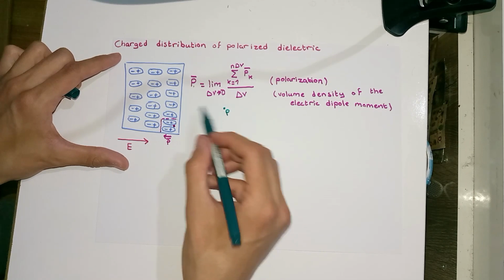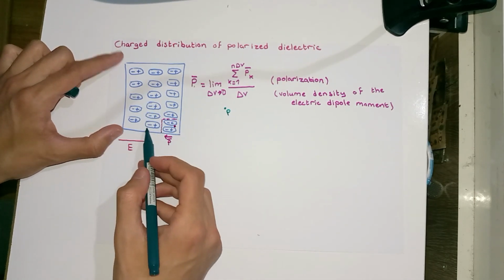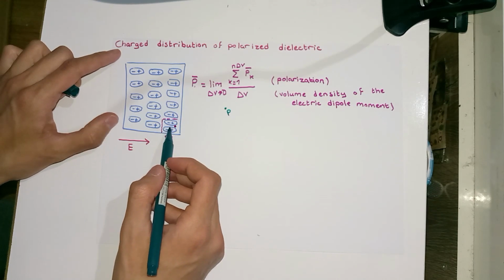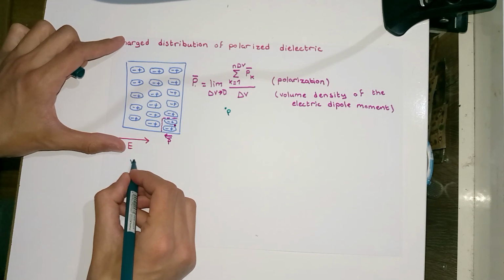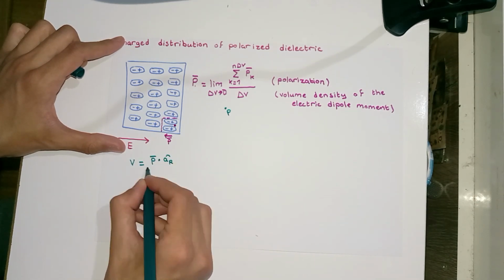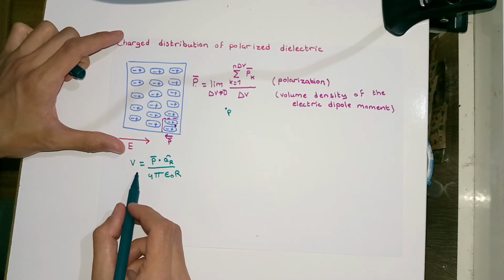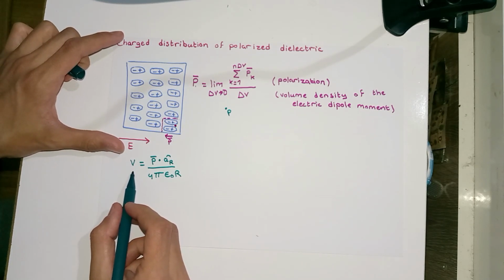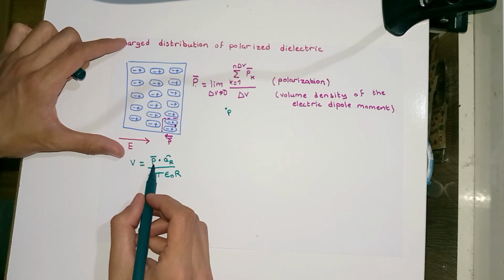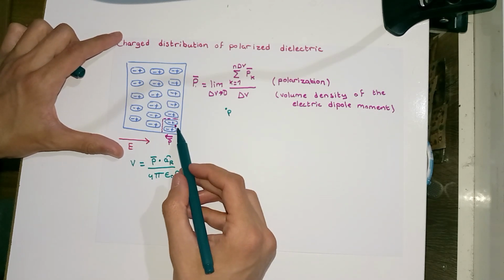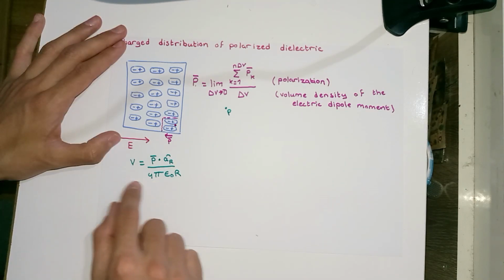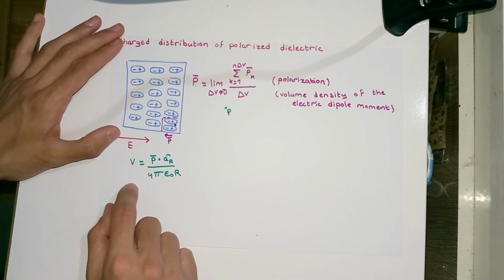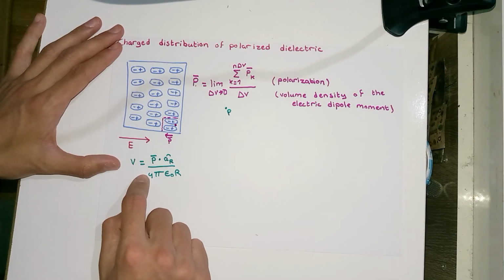We know that this potential at P is produced by the bunch of these aligned dipoles, and each dipole has a potential given by this equation, where the lowercase p is the dipole moment and r is the distance between the center of the dipole and the point. We derived this formula in a previous video, and I'm going to leave the link in the description.